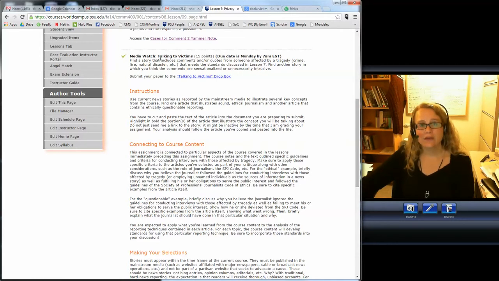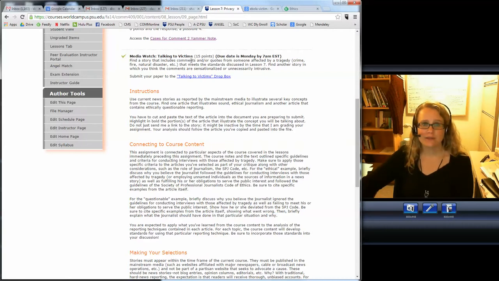It has to be an article where they talked to victims or victims' loved ones, and you can tell that very easily in the article. You just have to read it carefully and make sure that the journalist actually interviewed somebody who was directly affected by the situation.